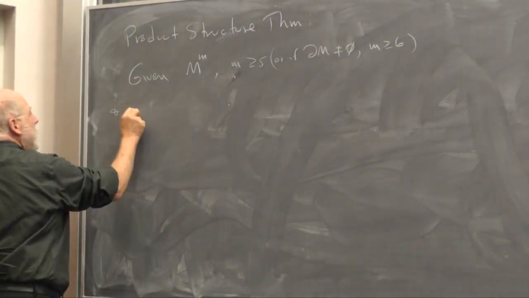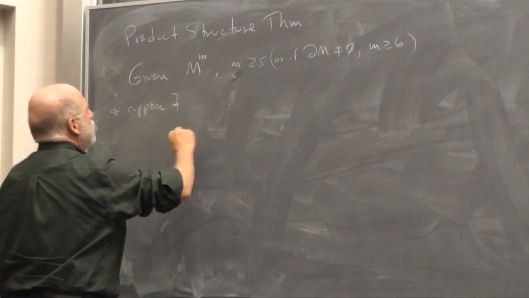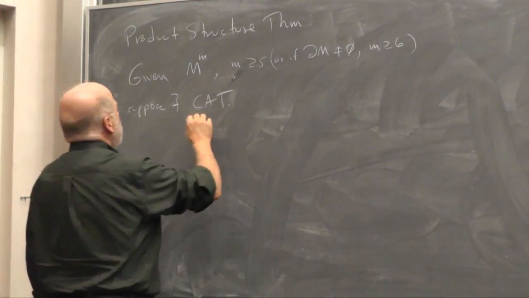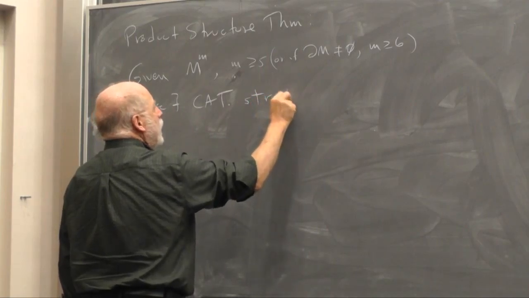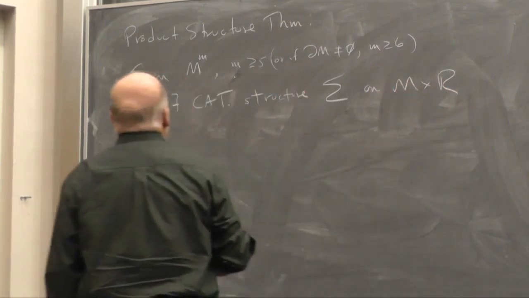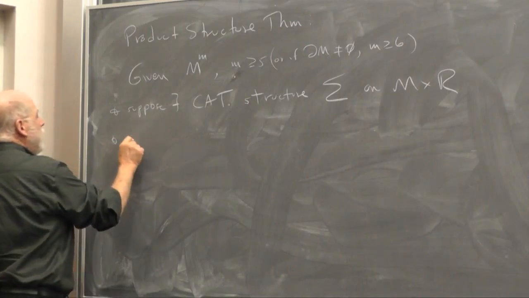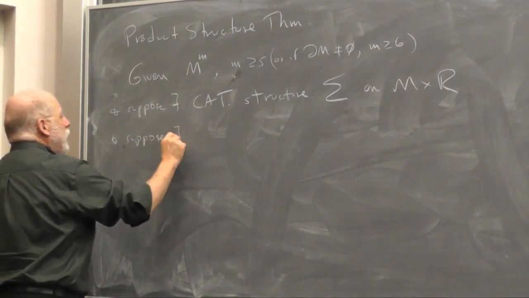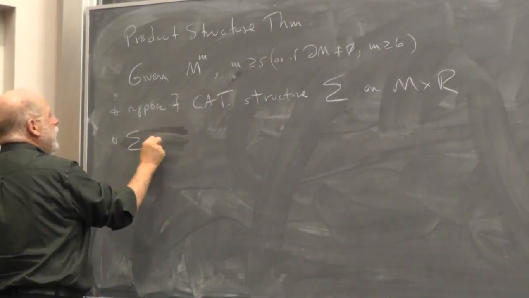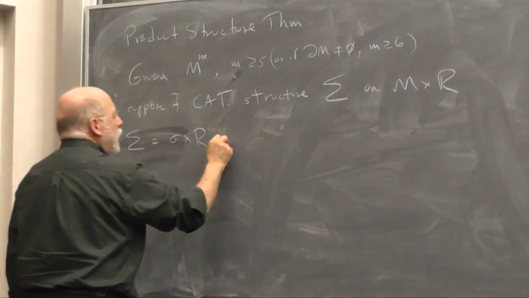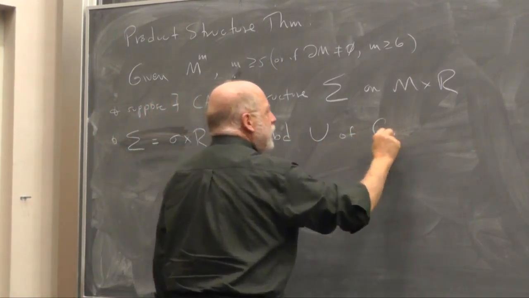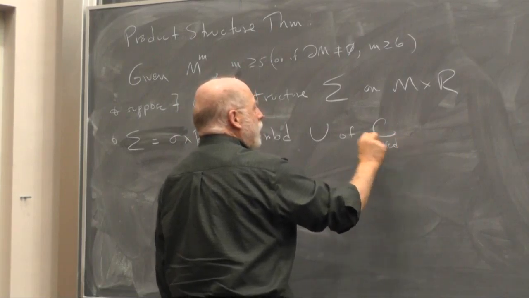And suppose there exists a CAT structure, CAT being PL or diff, either one, a CAT structure, let's say capital sigma on M cross R, and suppose sigma equals little sigma cross R on a neighborhood U of a closed set C inside M.